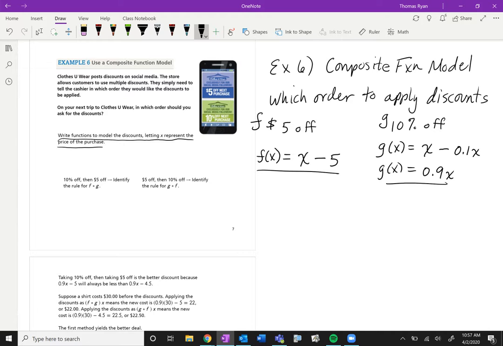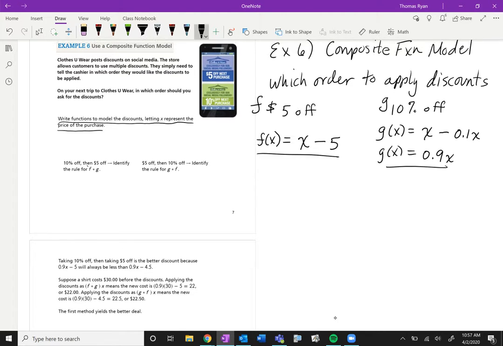If you buy something and get 10% off, how much are you paying of the full price? You're paying 90% of the full price. That's what 0.9x represents. Now, they're asking us to do f of g and then g of f. So let's do f of g of x.